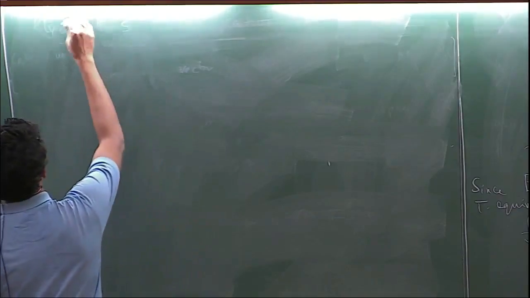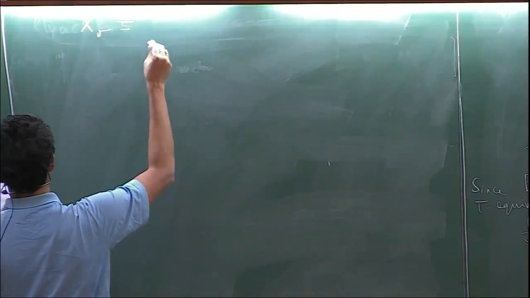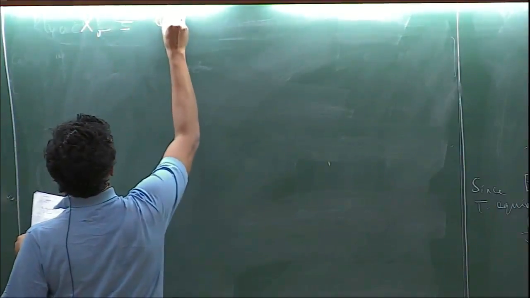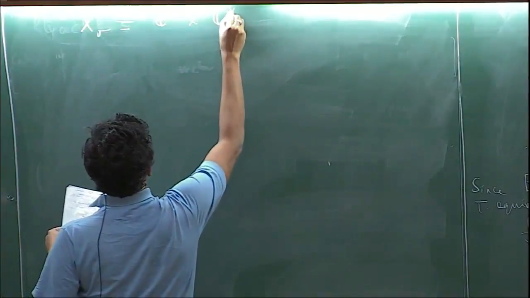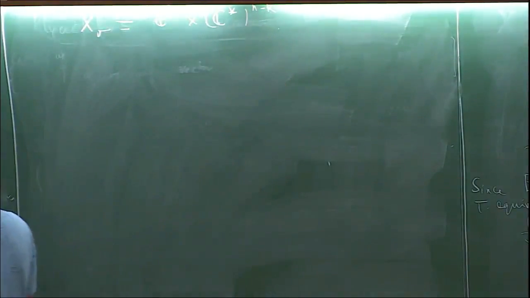Now come back to X sigma. You know X sigma is C^k cross C star to the n minus K. Here this K is your T sigma, because C^k is the T sigma toric variety.